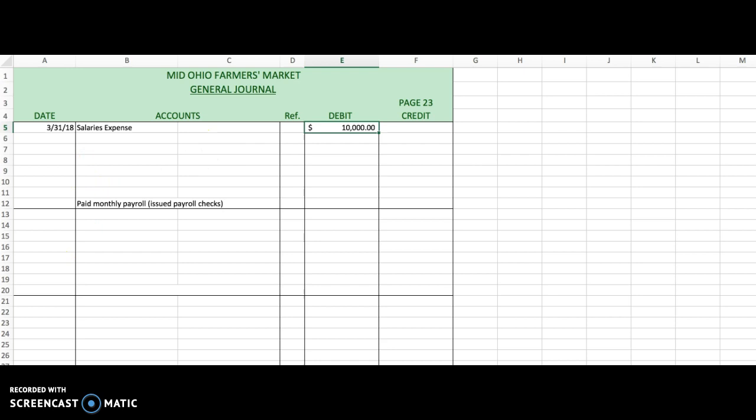So what happens next? One of the deductions that the business has to hold out of the employees' paychecks is something that we will put right here: Federal income tax payable. Now, how much do we withhold?